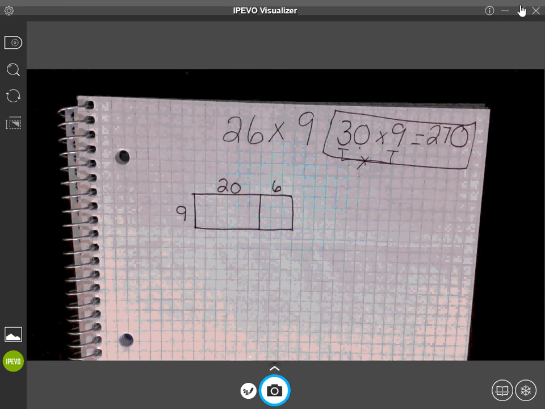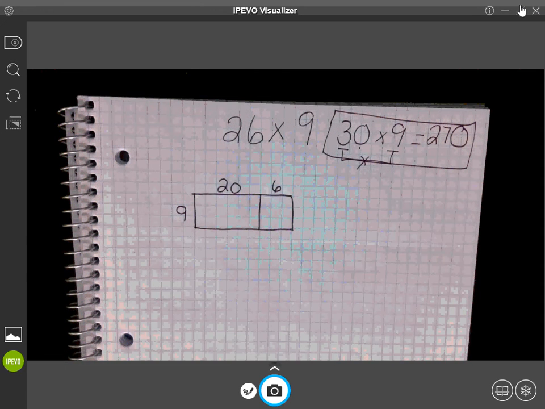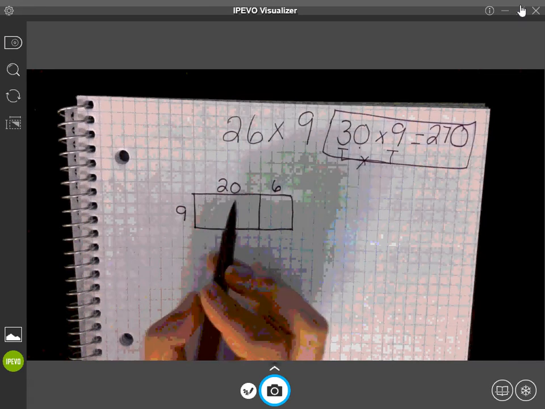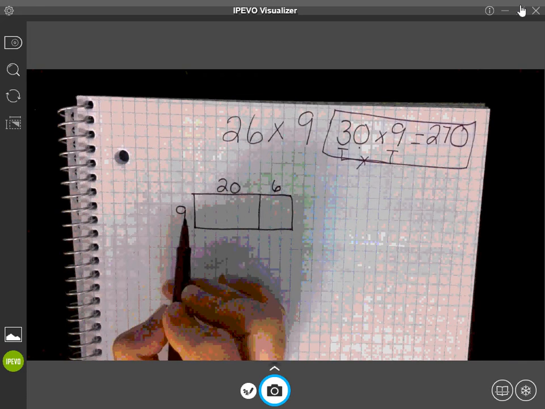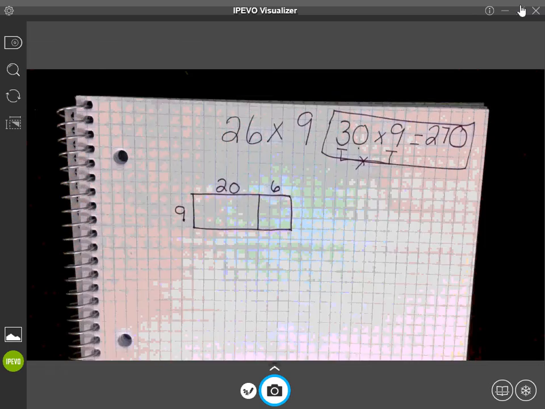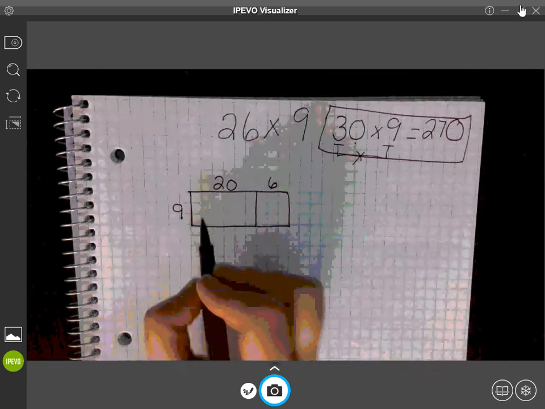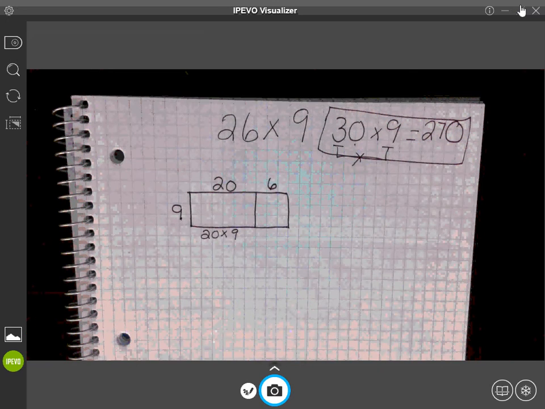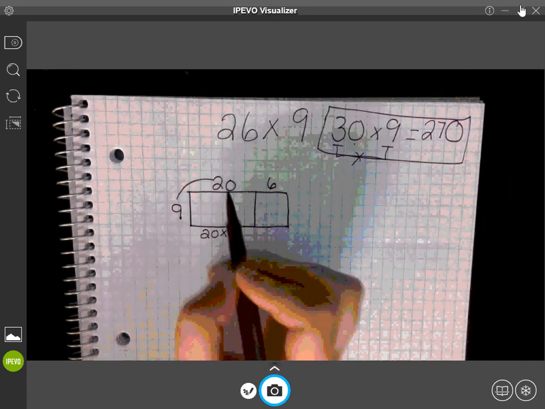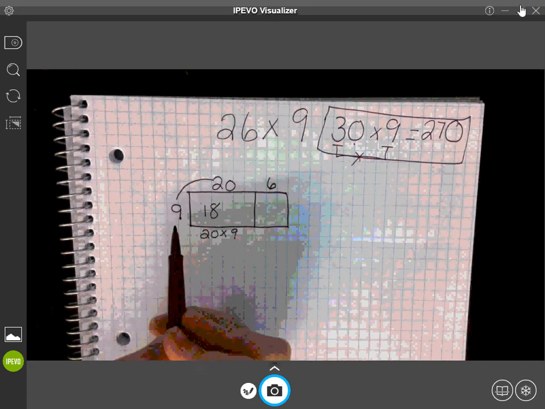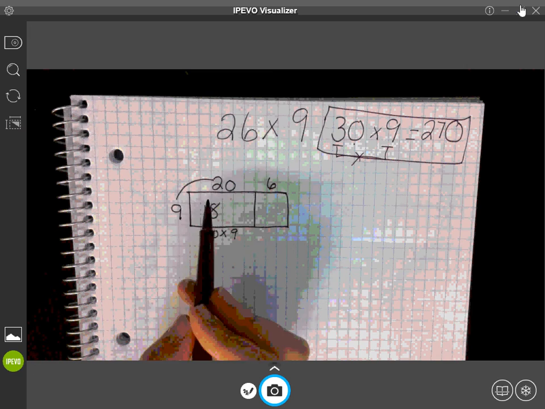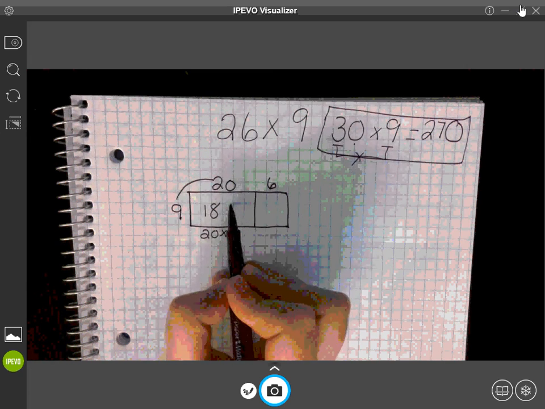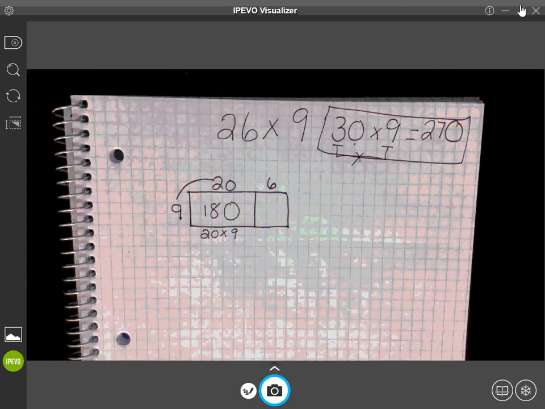Okay, walk me through this now. Now that we got this labeled, walk us through it. Not 20 times 6, 20 times 9. All right, so then, what is 20 times 9? 180, because the 2 times 9 is 18. Can the 9 give a 0? Can the 20? Yes. How many? 1. All right.